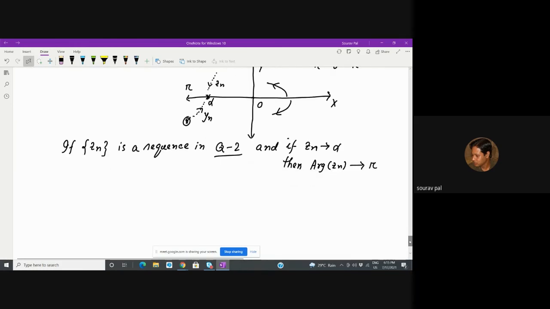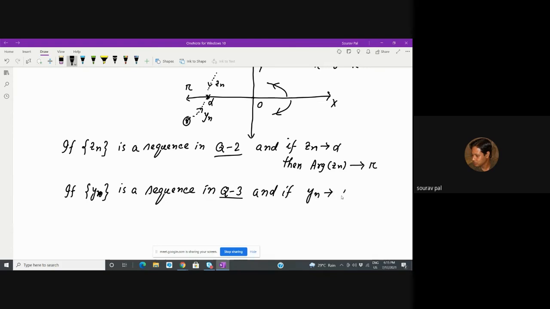And what happens if Yn is a sequence in Q3, and if Yn converges to alpha, then it's clear that the argument of Yn must converge to minus pi.